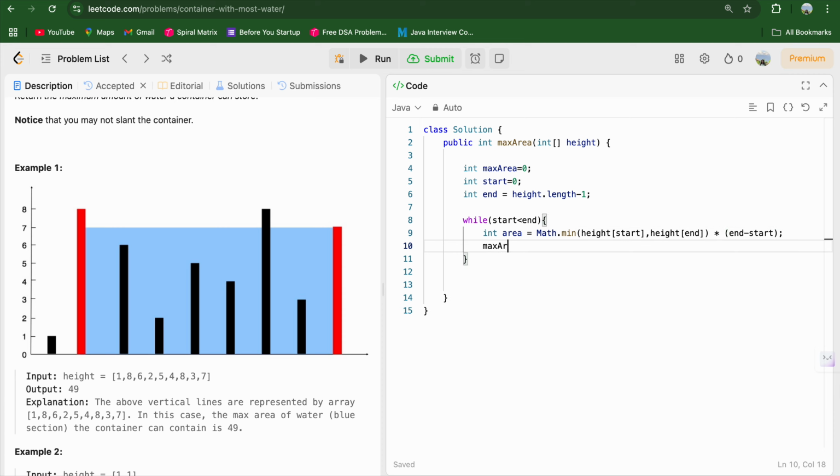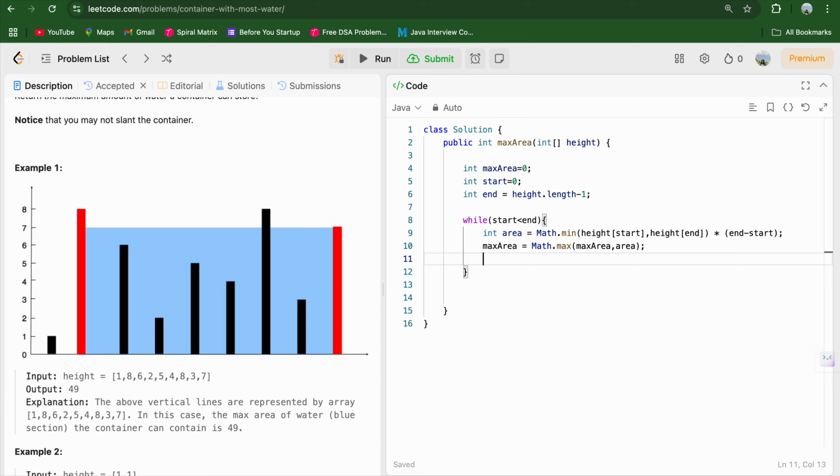And again, max area needs to be calculated. That is going to be max. Okay.